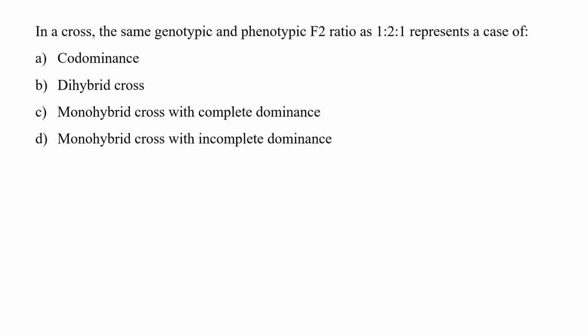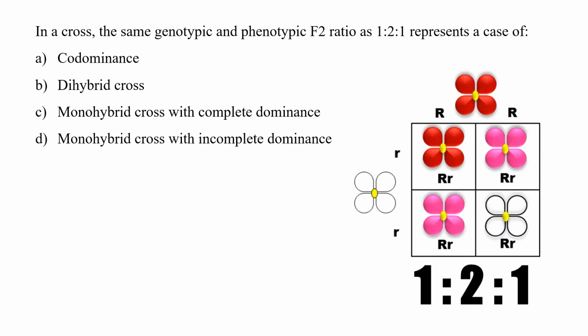Now, the question says, in a cross, the same genotypic and phenotypic F2 ratio of 1:2:1 represents a case of. So four options are given. Actually, this question is not correct because it asks about a genotypic and phenotypic ratio of 1:2:1, so option A and option D can both be correct. For example, in incomplete dominance, we have the snapdragon flower in which, when red is crossed with white, we have an intermediate, that is pink.